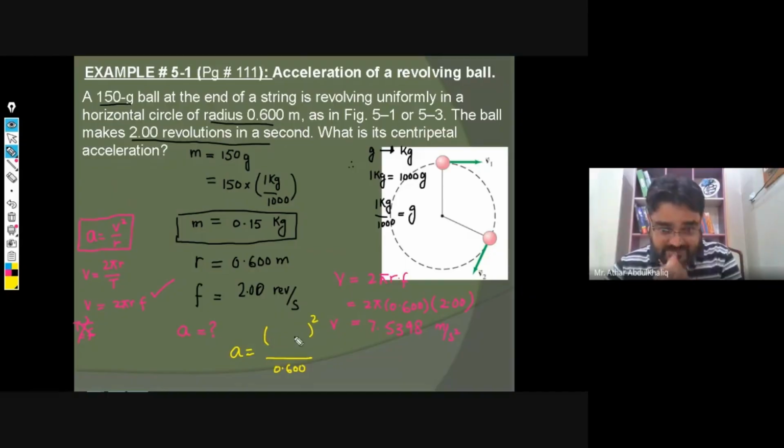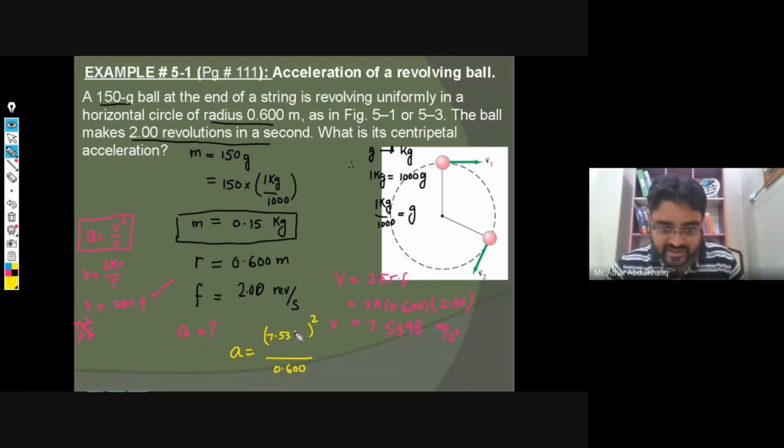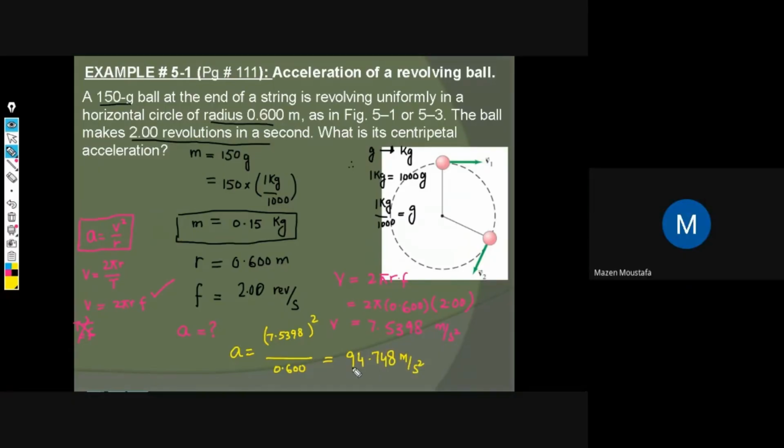I will just write this directly, 7.5398. Just take the square of it and divide by 0.6. What did I get? 94.748 meter per square second.